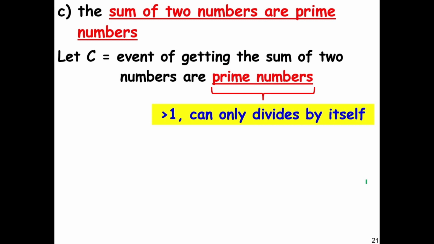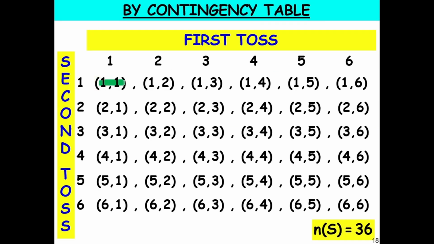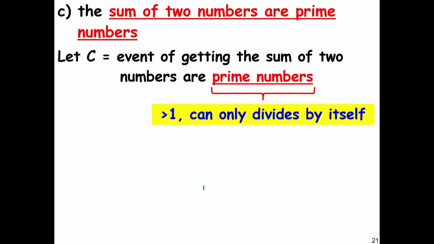Back to the contingency table, let's find out which outcomes are the elements of event C. Now, let's list down all the outcomes of the event.